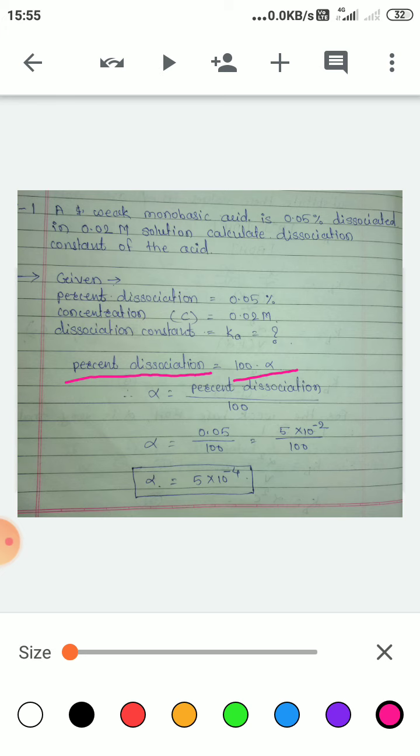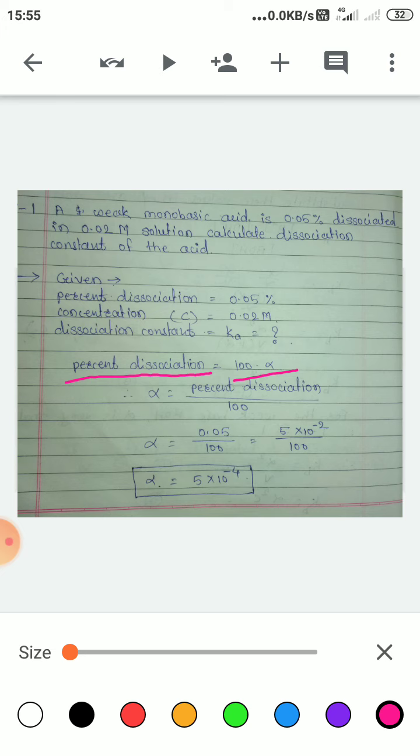To calculate the degree of dissociation, we can rearrange the formula as alpha is equal to percent dissociation upon 100. Now put in the values given in the numerical. Percent dissociation is 0.05%, so put 0.05 in its place.